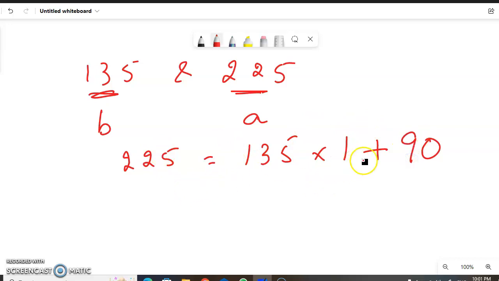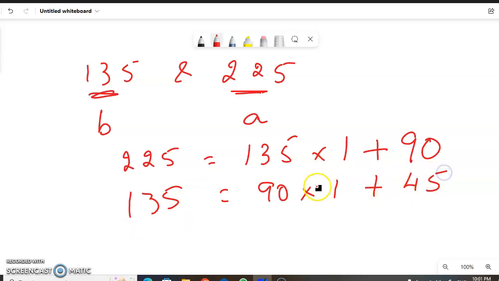I'll continue the same thing until I am left with the remainder as 0. So next, I have 135 as A, and 90 is my B now. 135 equals 90 into 1, because 90 times 1 is 90, so 135 minus 90 will give me 45. Now again A will be 90 and B is 45.